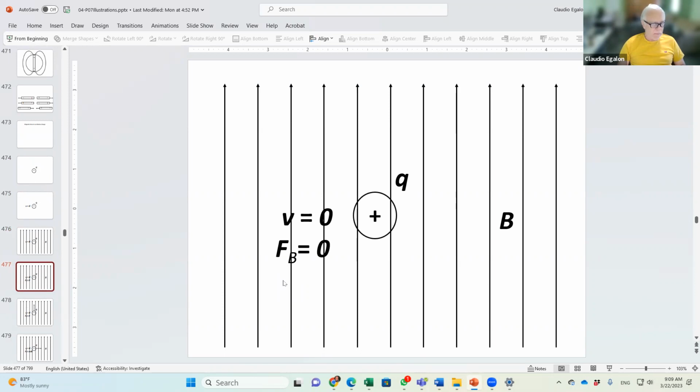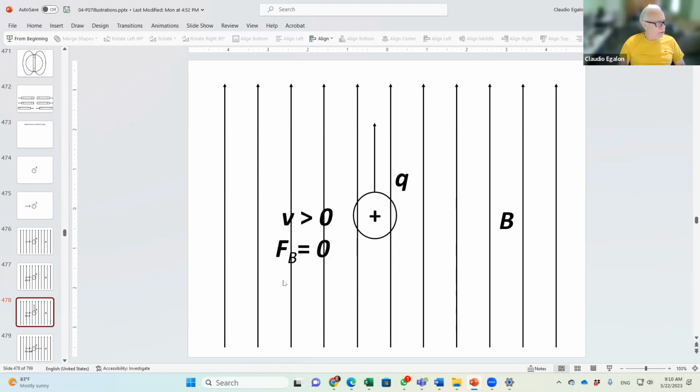Okay, so remember, the magnetic force on a charge occurs whenever you have a moving electric charge. But the electric charge must be moving in a specific way too, because if the electric charge is moving in a direction parallel to the magnetic field, the force is still 0.